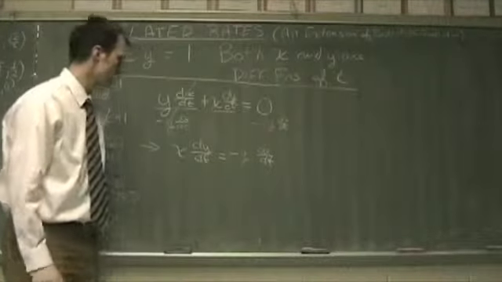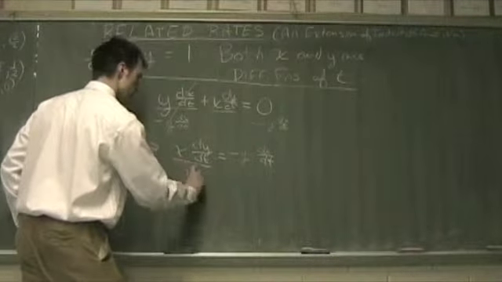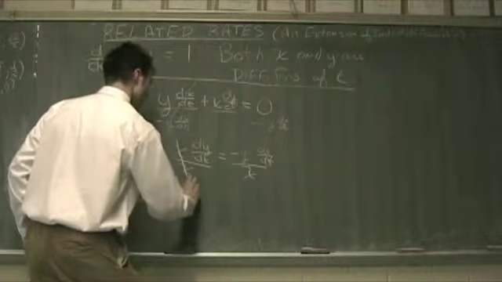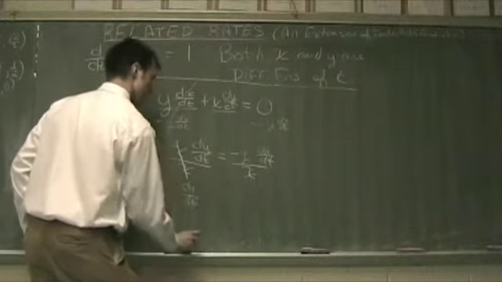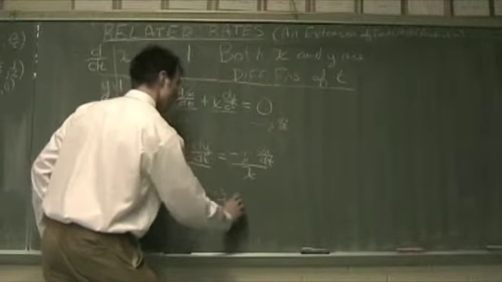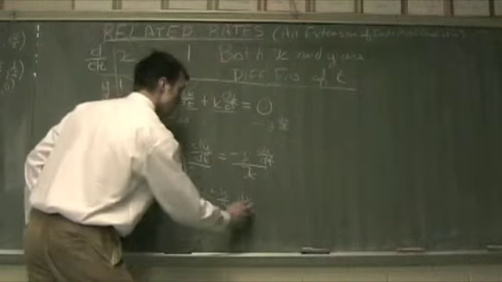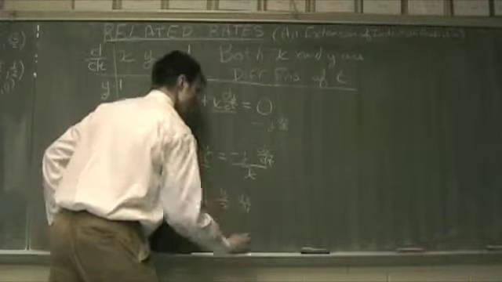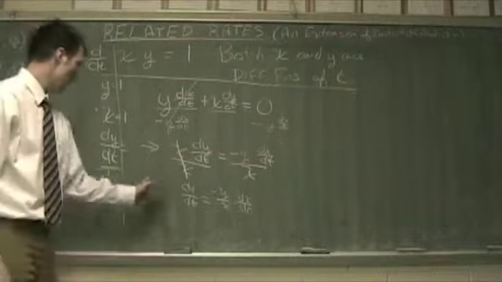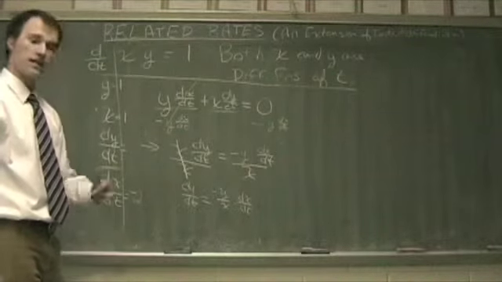Okay? Now to isolate dy/dt, get it all by itself, divide by x on both sides, and what we're left with is dy/dt is equal to the opposite of y over x times that rate of the change of x with respect to t. Okay? Now, for us to evaluate this, we know y, we know x, and we know dx/dt.